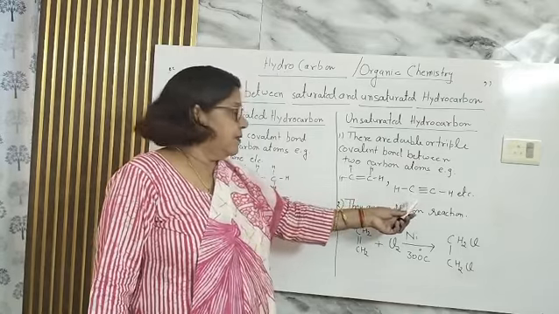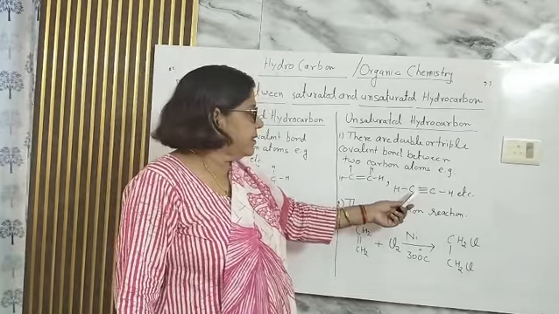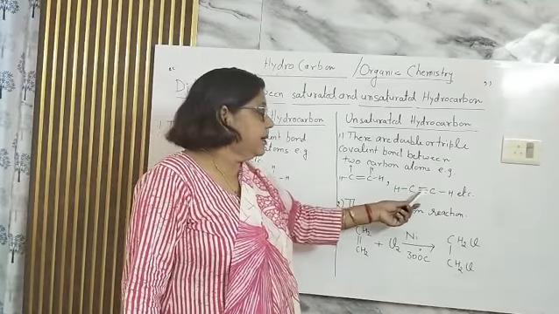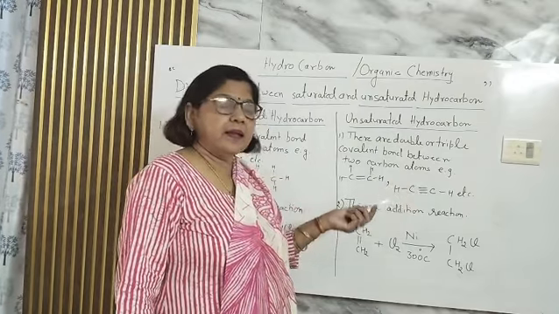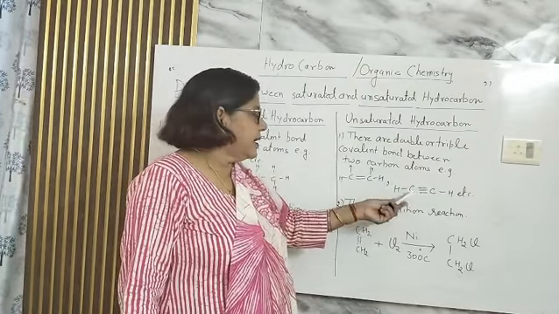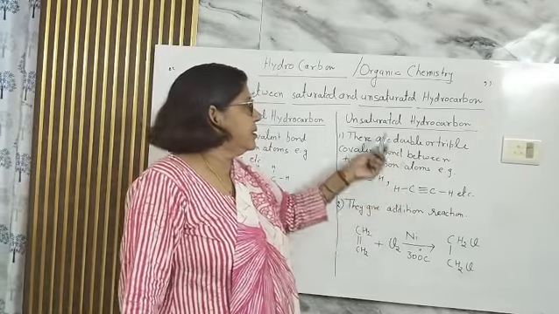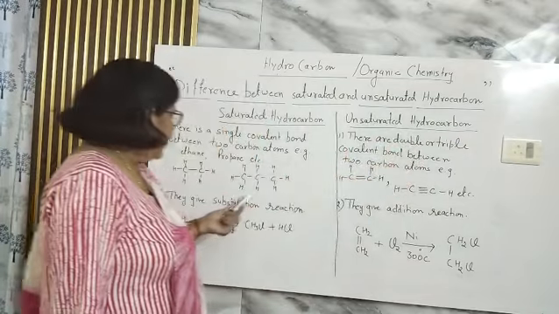Then this is propene. This is ethyne, having a triple covalent bond between the two carbon atoms, right? That means alkenes and alkynes, having double and triple covalent bonds, are the unsaturated hydrocarbons.